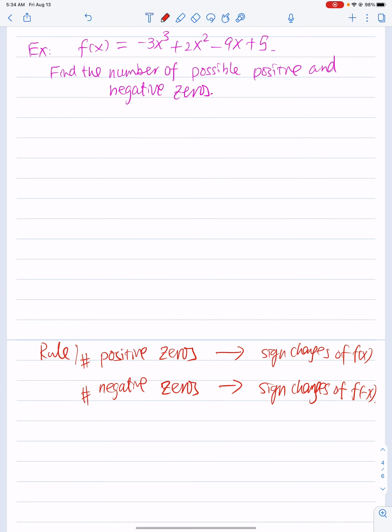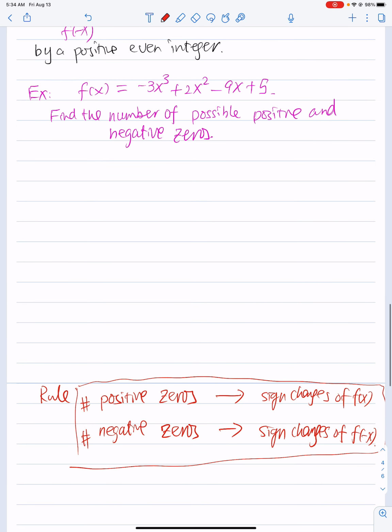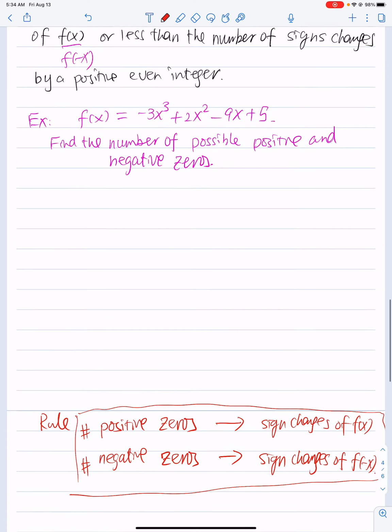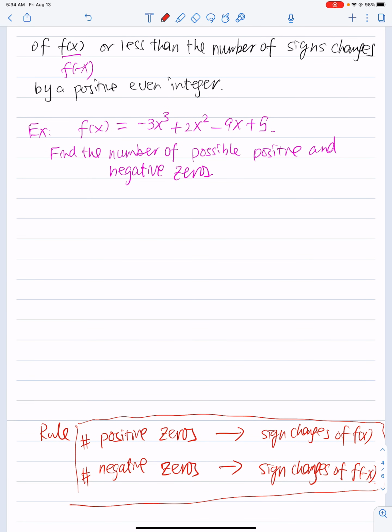Okay, so these are the rules here. The positive zeros are related with sign changes of f(x). The negative zeros are related with sign changes of f(-x).